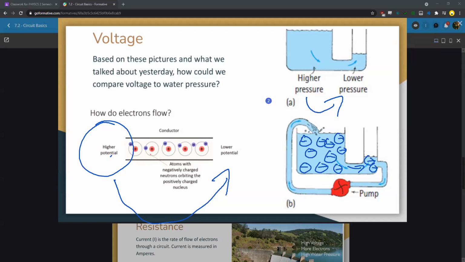Just like how water goes from high pressure to low pressure, voltage is the same way. Electrons go from high potential to low potential.